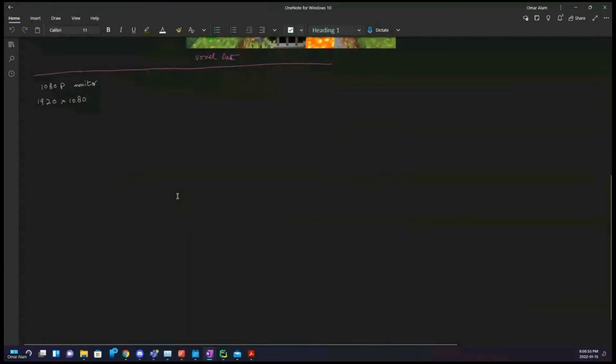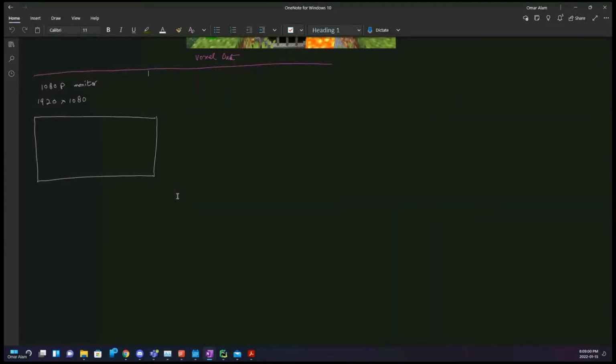And if you were to visualize that, we're not going to draw that many rows and columns, right? So let's just try to make it more visually accurate. It's more like this. What that means is that you have 1920 columns and you have 1080 rows.